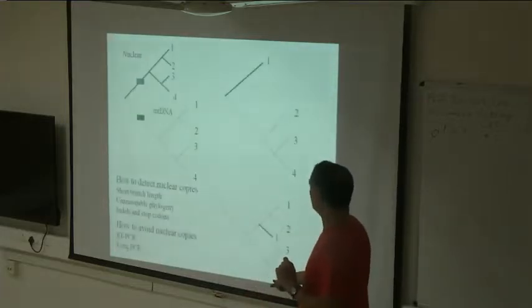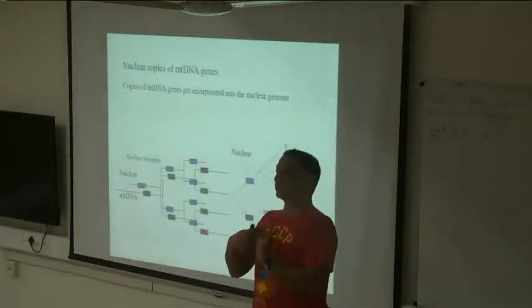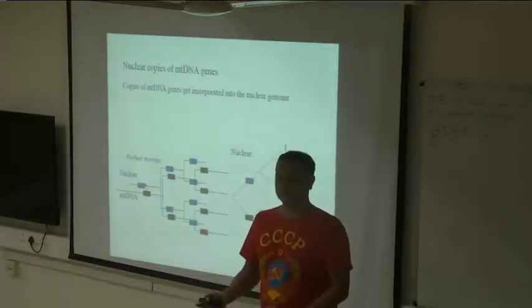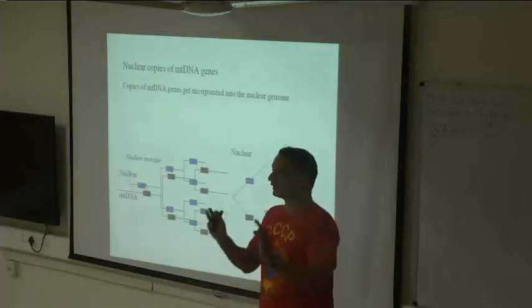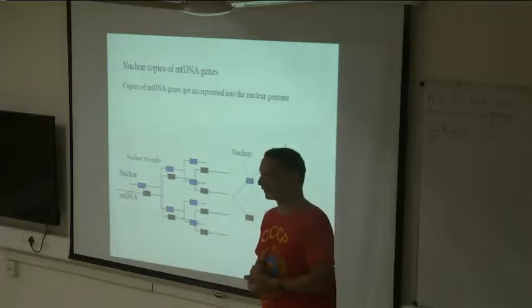And what happens is if you accidentally sequence the nuclear copy, again you'll get a messed up tree. It's a huge issue with mitochondrial genes. So please be very careful while using mitochondrial genes.